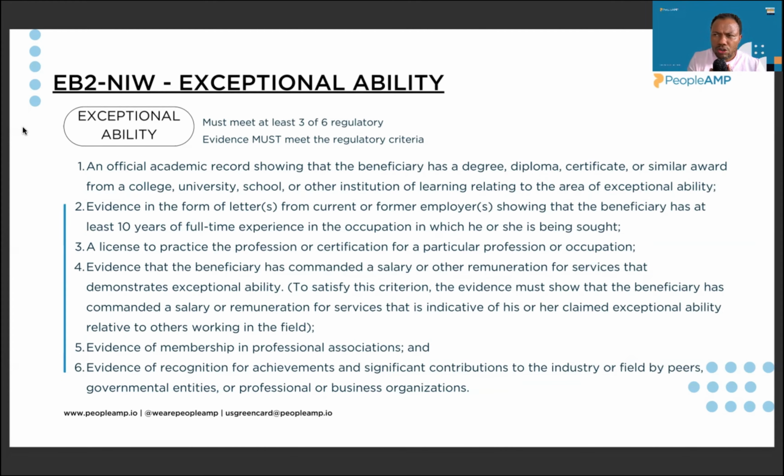Now, who does USCIS define as people with exceptional ability? They are those people that meet the requirements under this category. There are 6 requirements defined, 6 of them. You can see 1, 2, 3, 4, 5, 6.